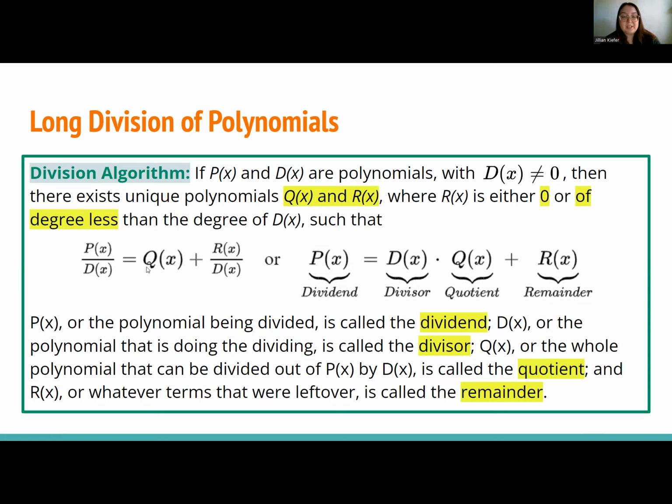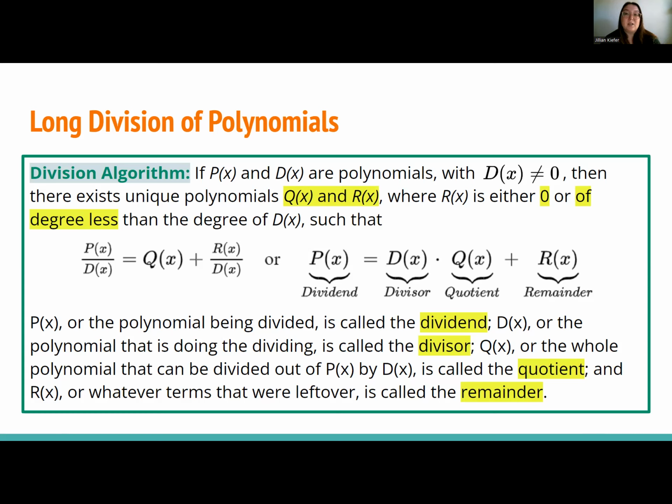So what we just said is that you have some polynomial p of x that is being divided by the polynomial d of x. Since d of x is the denominator, if you were to set it up like a fraction, it cannot be equal to 0, because we can't divide anything by 0, so we just have to state that to be clear.